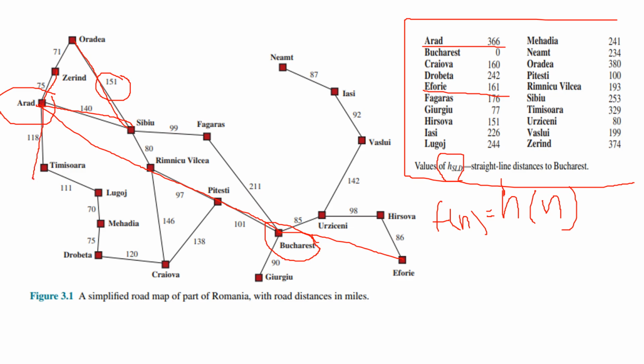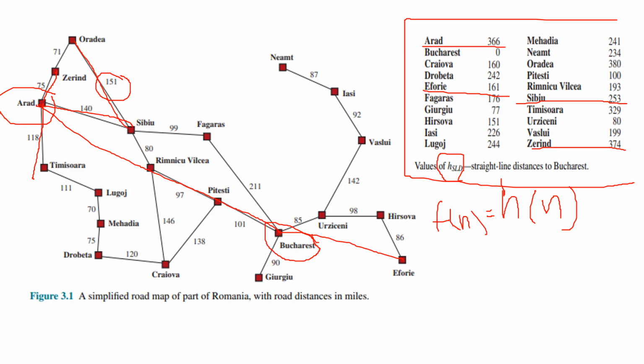These are the neighbors of Arad. From Zerind to Bucharest, h of n of Zerind is 374. For Sibiu, in the table you can see from Sibiu to Bucharest, the straight line distance is 253.